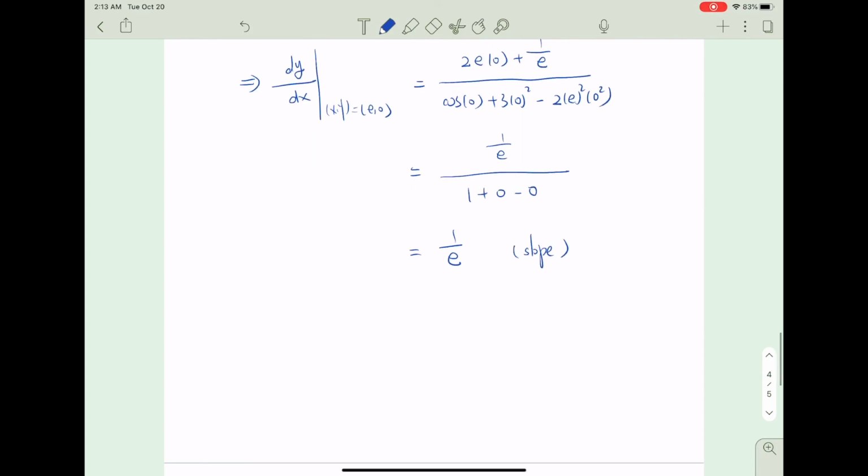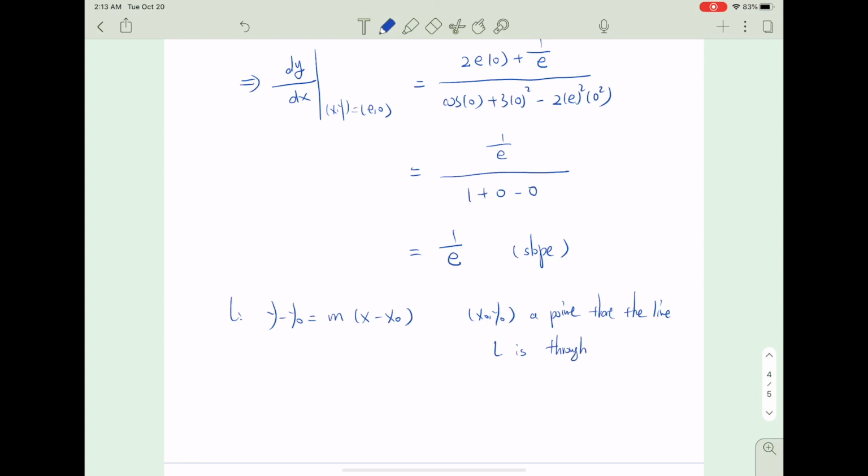So that is the slope. And recall that the equation of a line, I'm talking about the point slope form, is y minus y0 equal to m times (x minus x0). Just a little bit of review: (x0, y0) is the point the line L goes through.